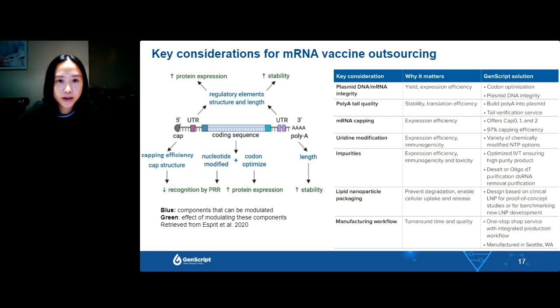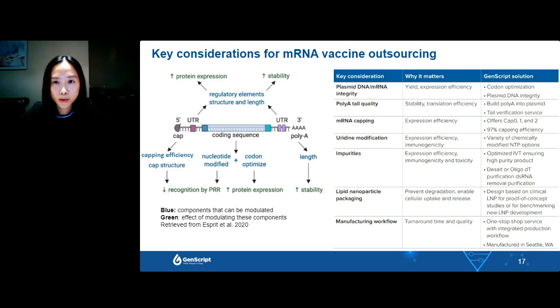So the key considerations are listed here. First is the plasmid DNA or mRNA integrity. The logic is quite simple. If you want to have a good mRNA, you should first have a good plasmid DNA, right? It's the starting material, and it will affect the yield and the expression efficiency later.